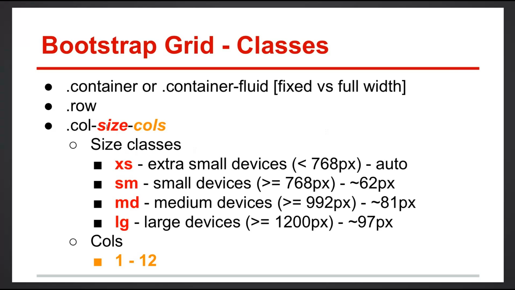And the columns is saying how many columns it's going to take up within that row. The size matters because when you have a Bootstrap grid, depending on the screen size, it's either going to show you the horizontal row, or it's just going to stack everything vertically.